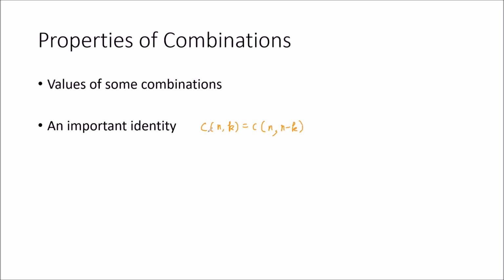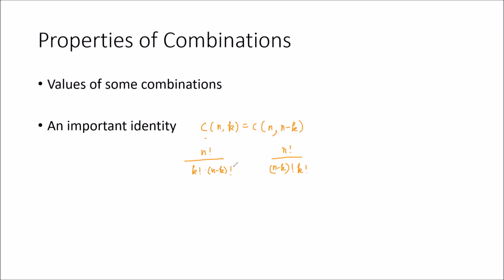It's pretty easy to show by algebra, using the definition of combination. C(n, k) is n factorial over k factorial times (n minus k) factorial. And C(n, n minus k) is n factorial over (n minus k) factorial times k factorial. So they're exactly the same.